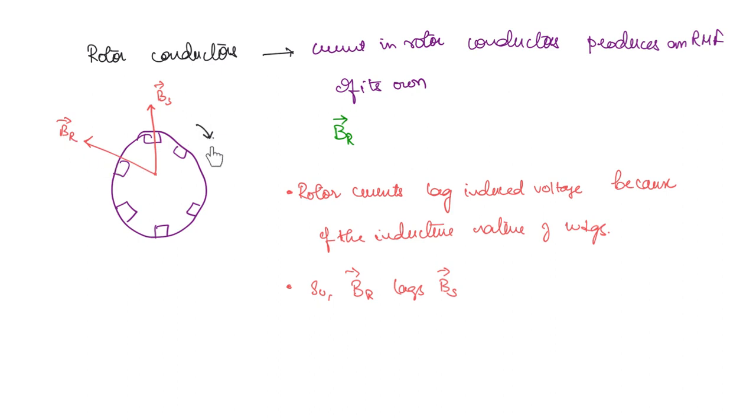But since the rotation we are taking is in the clockwise sense now, the magnetic field is rotating in the clockwise sense, so BS is going ahead of BR. That's why we are taking lag here. So don't get confused. You can write down here: because rotation is in clockwise sense.